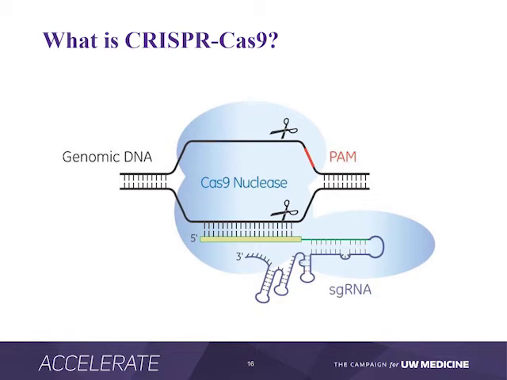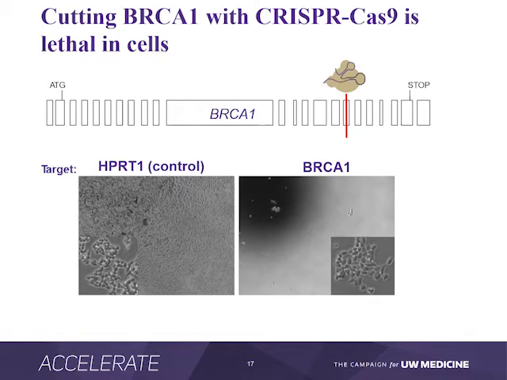We can cut the genome almost anywhere we want now, which is pretty awesome. So as I just said, we've got BRCA1 in these cells, and we decided to cut it in one of its protein coding sequences. And we didn't give these cells anything to repair the DNA with.